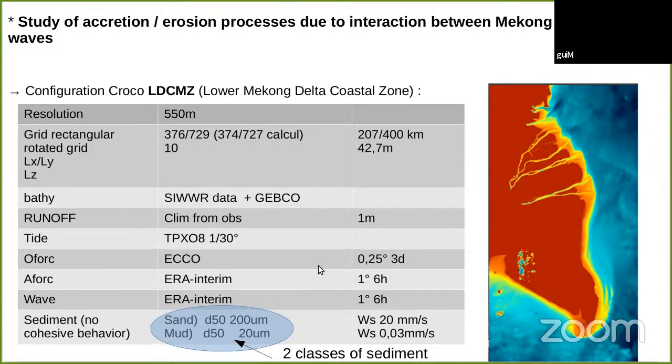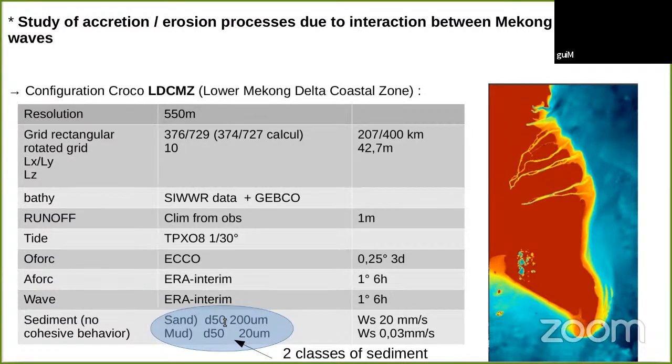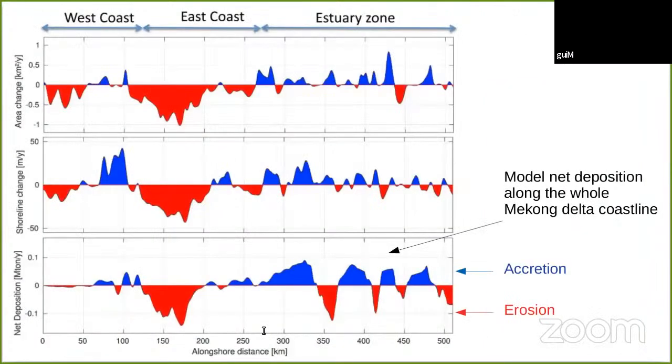In this configuration, I don't talk about all of this, but the idea is we have two types of sediment, one sand and one mud, two classes of sediment. And as Rachid said before, the idea is to study the redistribution of the input of sediment from the Mekong, and to see how it is distributed along the shore.